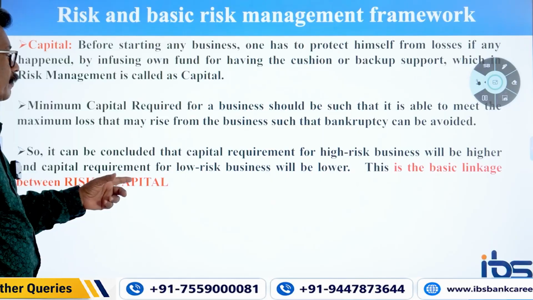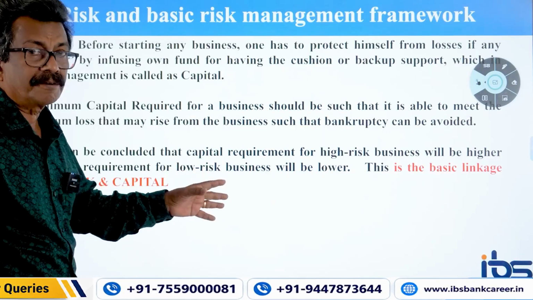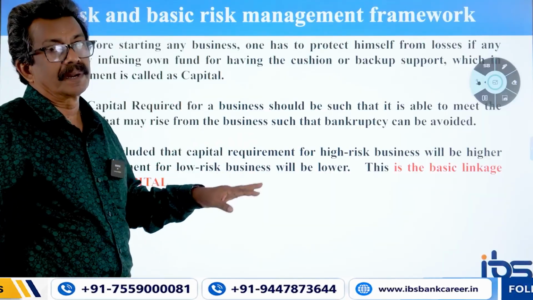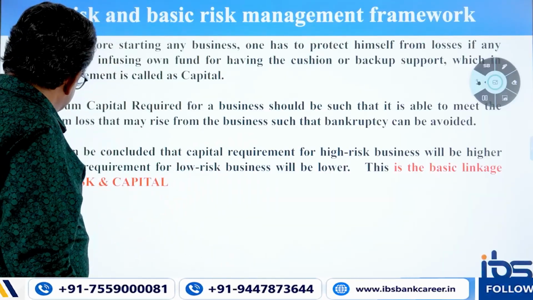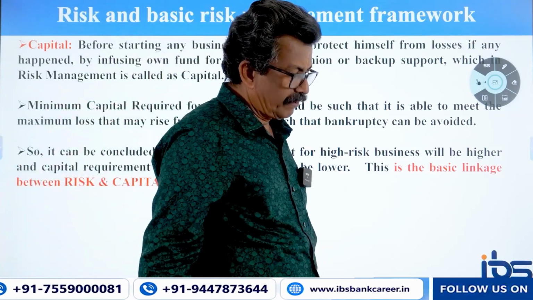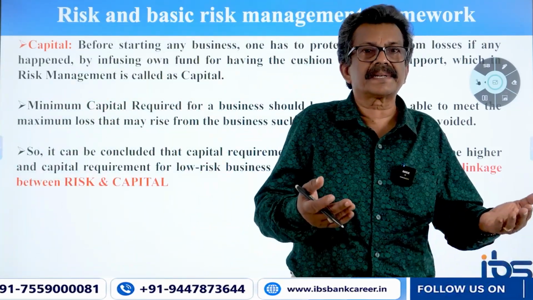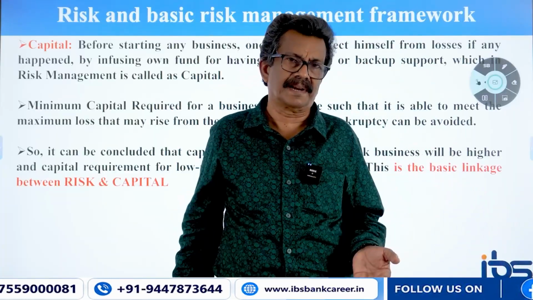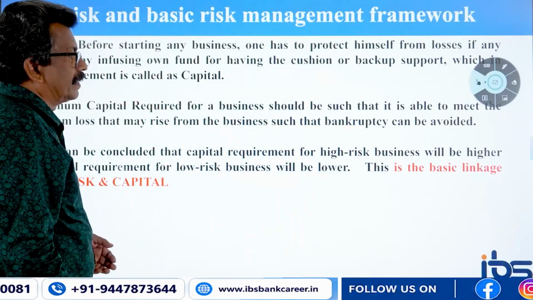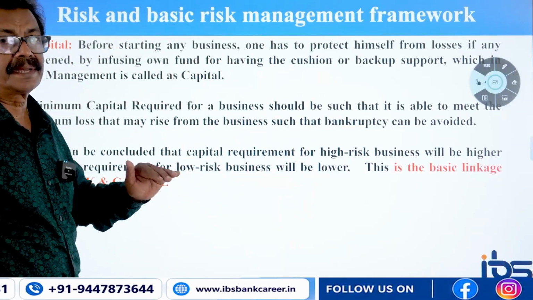And the capital requirement for a low risk business will be the other way around, it will be lower. This is the basic linkage between risk and capital. Whenever you take higher risk, you need to maintain higher capital. Whenever you take low risk, you need to maintain lower capital.